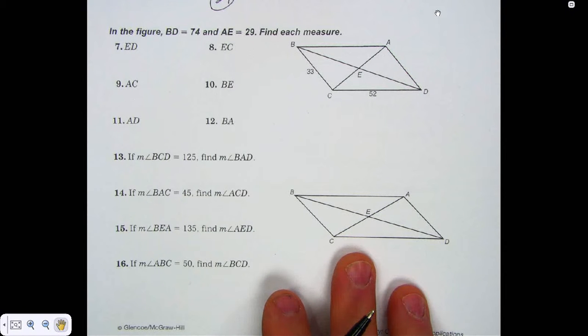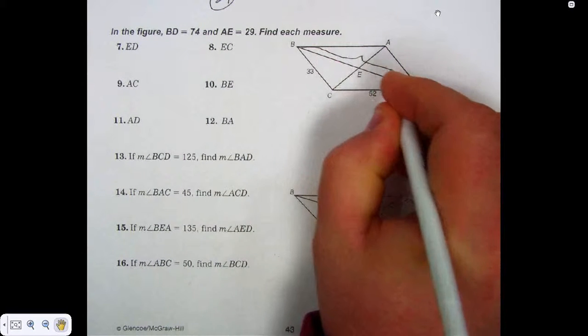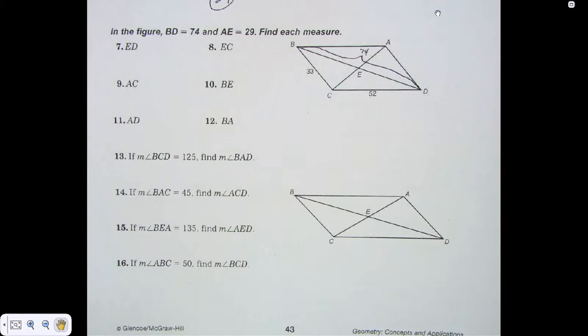In the figure, BD is 74. So B to D is 74. Do the markings help you understand the picture? AE is 29.